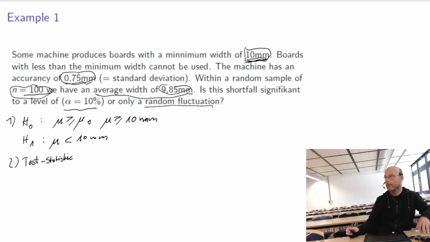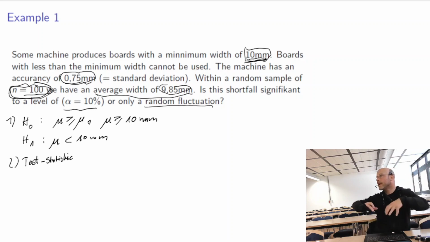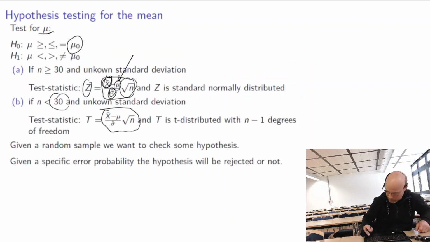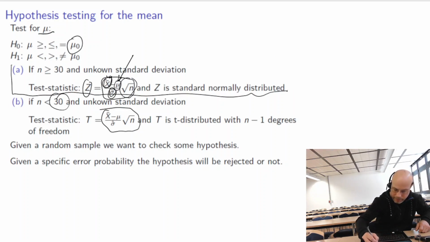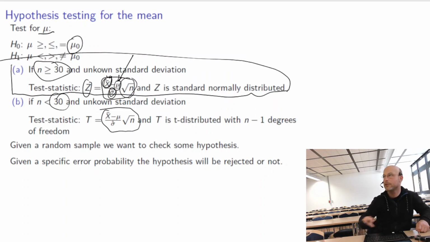There we have to look at the framework of our experiment, so to speak. n is 100. Since n is 100, we don't care about the distribution. From the central limit theorem, more or less, we can assume that we have a normal distribution. In this case, n is larger than 30.